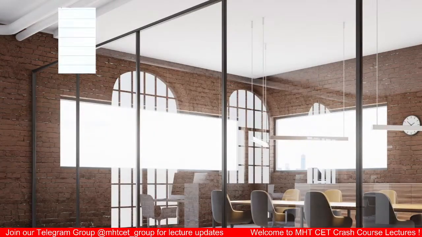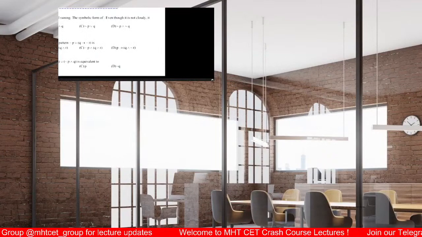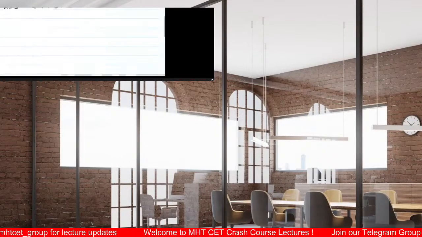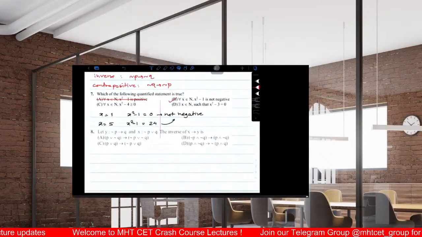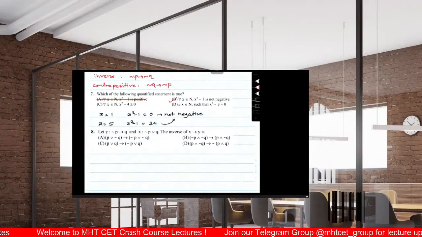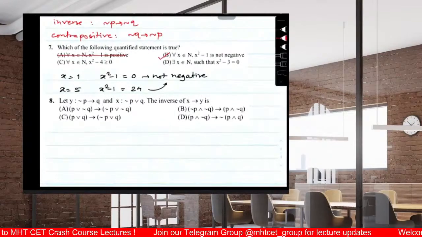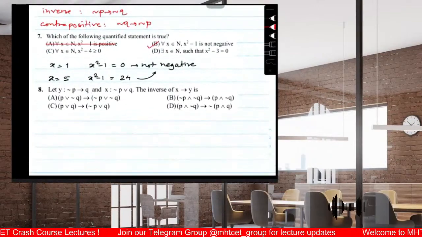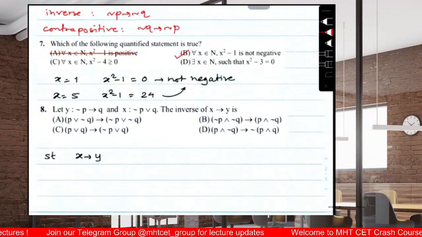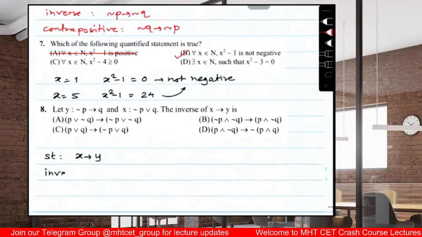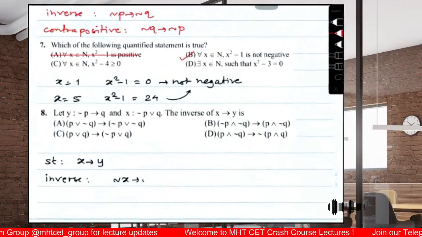Next, 8th. एट में देखो क्या लिखा है, y is not p implies q, x is not p or q, then the inverse of x implies y. पहले तो x implies y लिखते हैं, x implies y का ये स्टेटमेंट है, तो उसका इनवर्स क्या होगा, not x implies not y, right?